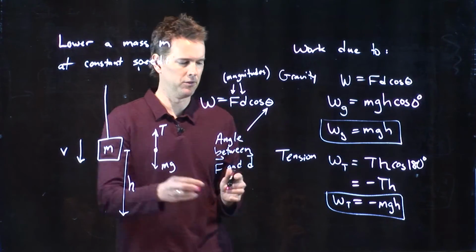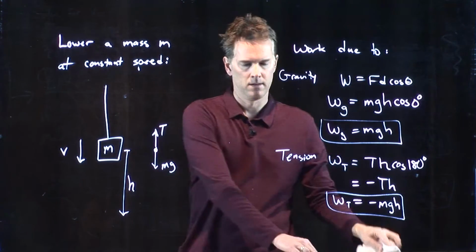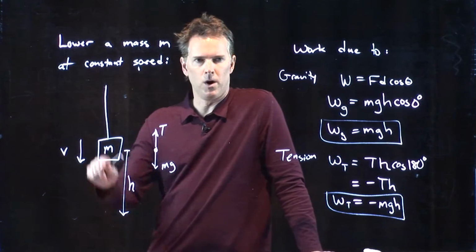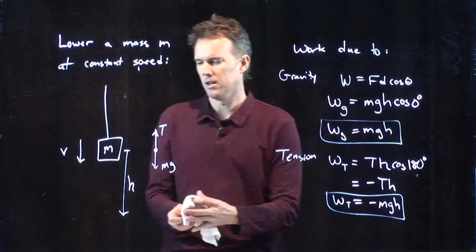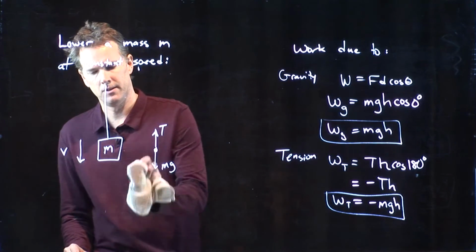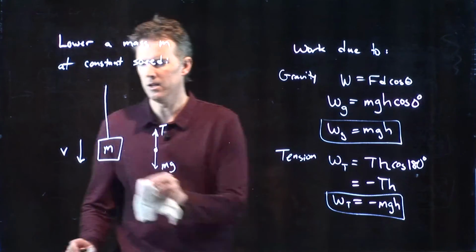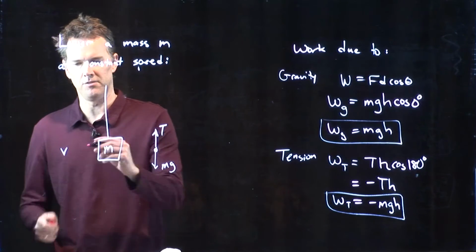All right, let's go back to this problem for a second. We just looked at the problem where we're going to lower this mass at constant speed. Let's do a slightly different problem where we raise it at constant speed.